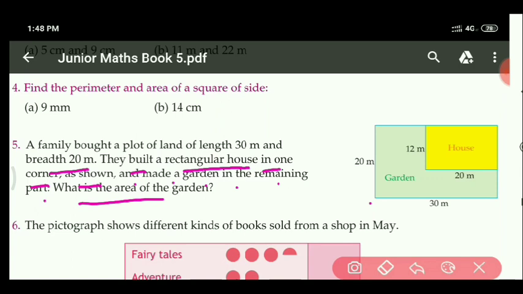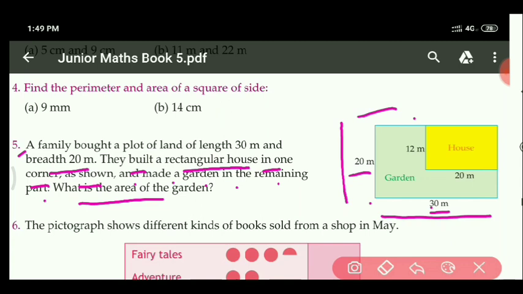So what is it saying here? A rectangular plot is given. In this rectangular plot, the length is 30 meter and the breadth is 20 meter.